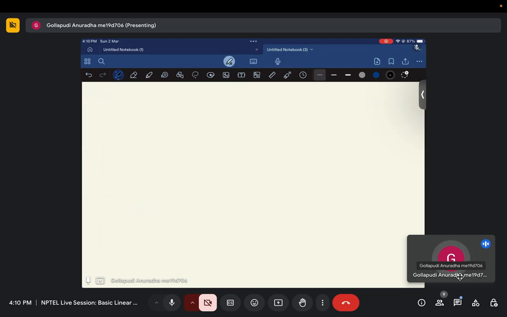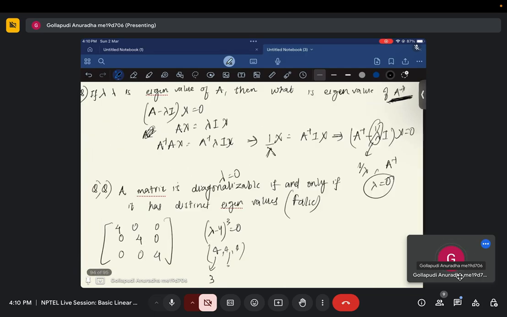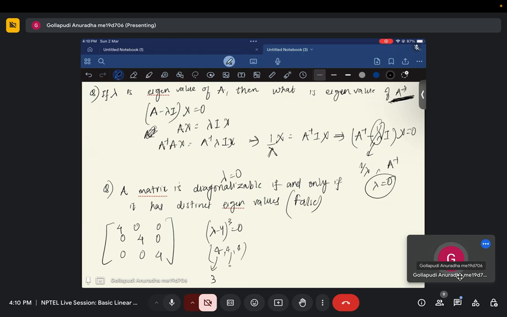but if you find the eigenvectors here, you'll be getting the equation as identity times x equal to 0.